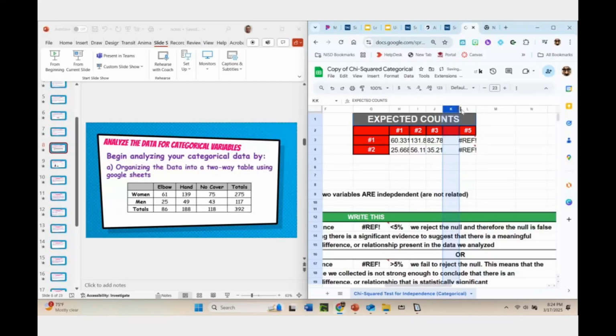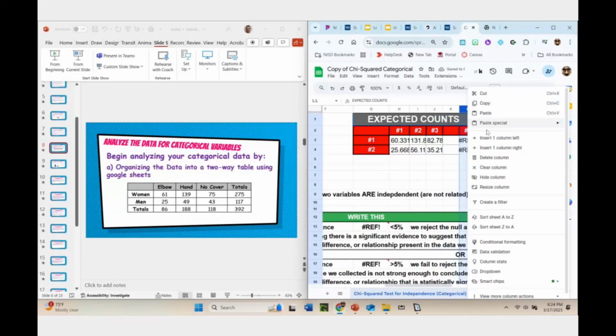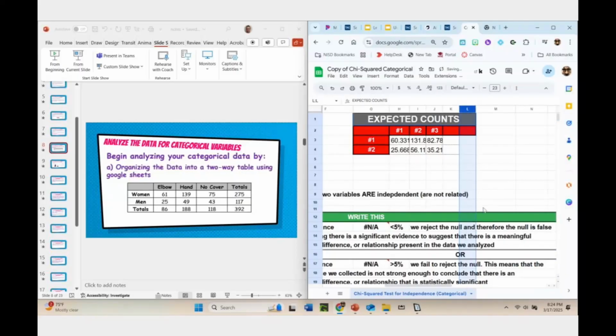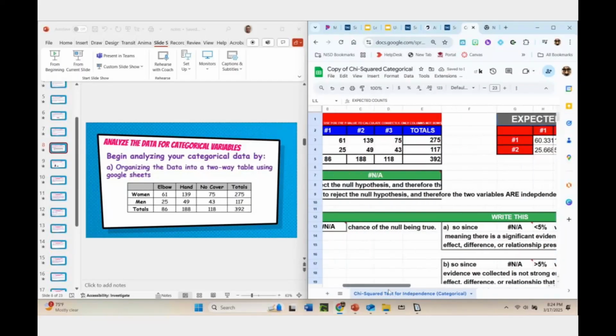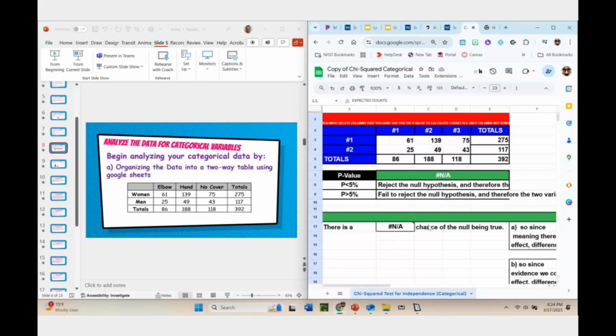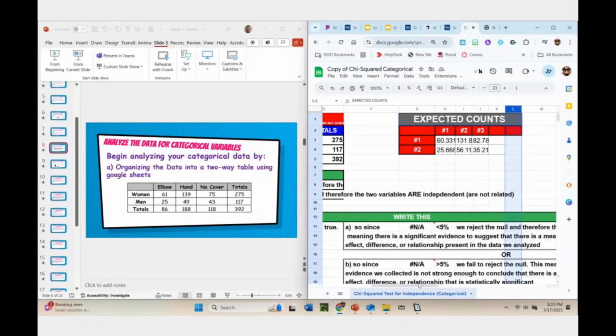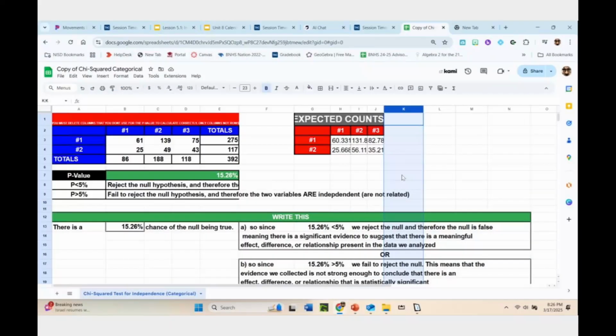Clear that column, and then clear this column. And then I'm going to go back over here. Okay, so I went through and deleted those other columns, and now everything matches.